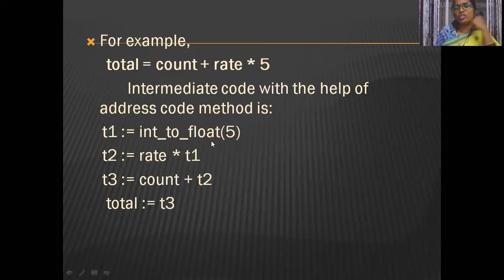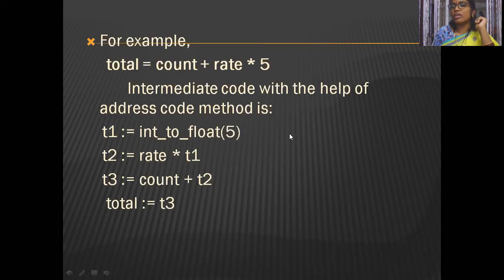Next, because multiplication has higher precedence than addition in C, rate * T1 is performed and assigned to T2. Next, T2 is added to count and assigned to T3. Next, T3 is assigned to total. So your instruction is generated as intermediate code.